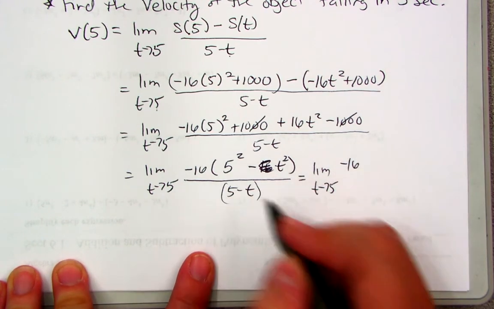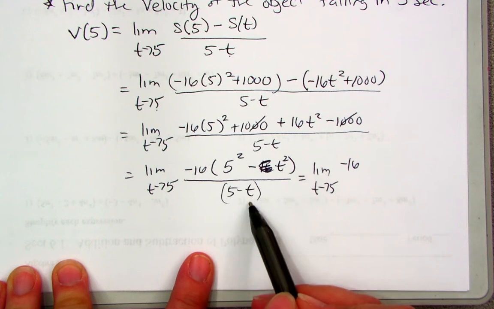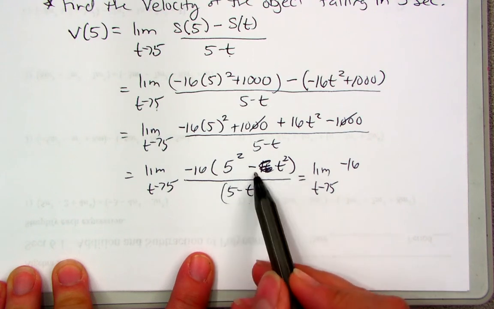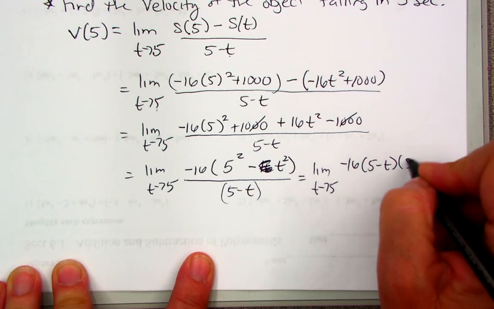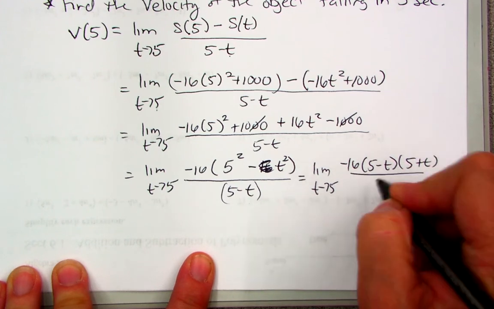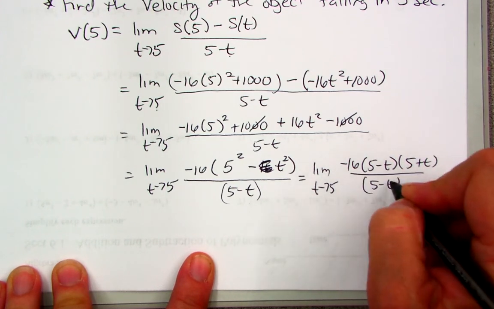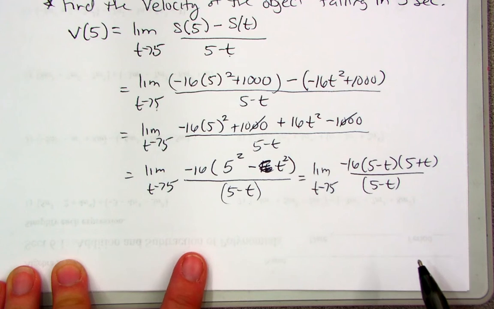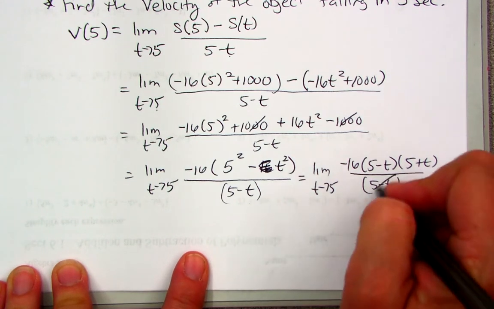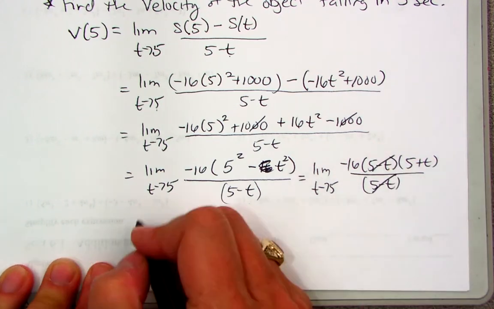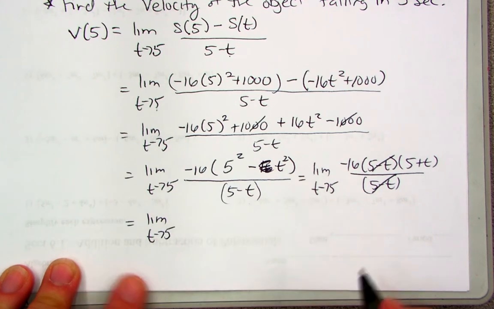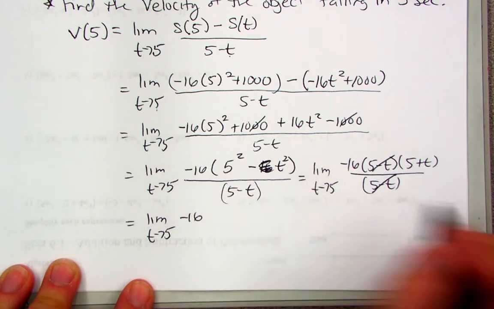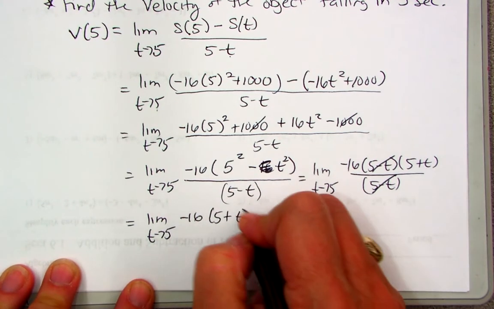Again, I'm trying to find this factor. I kind of see it here. That is the difference of two squares. So let's factor it out. Right, there's my difference of two squares. There is my factor that I was looking for this whole time. I'm now going to be able to find the limit. First, let me clean up and see what I have left: negative 16 times 5 plus t.